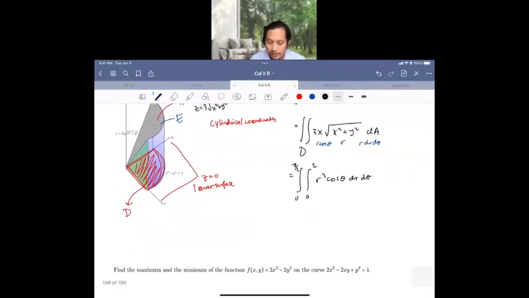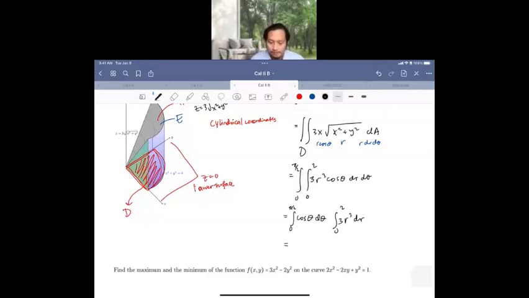And we split these two: this is cos theta d theta, and this will be r cubed dr. Where is the 3? Oh, let's not forget the 3 in there.